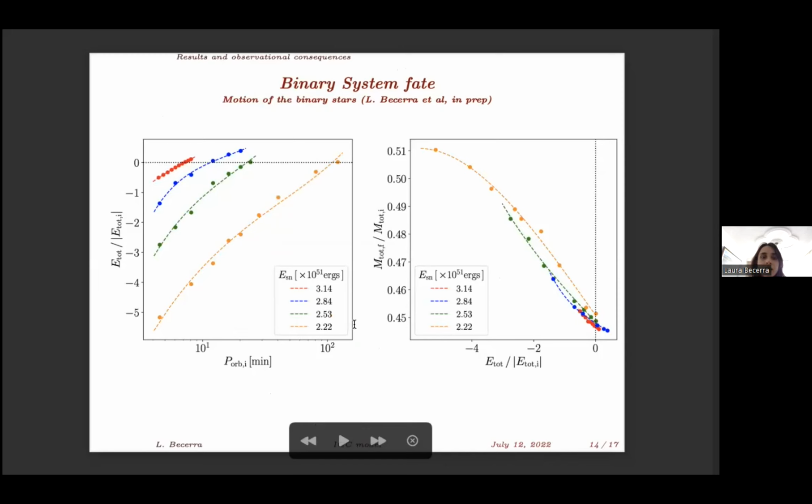We can also calculate the maximum orbital period for which the system will remain bound, and as expected, this maximum orbital period will depend mainly on the initial energy of the supernova.